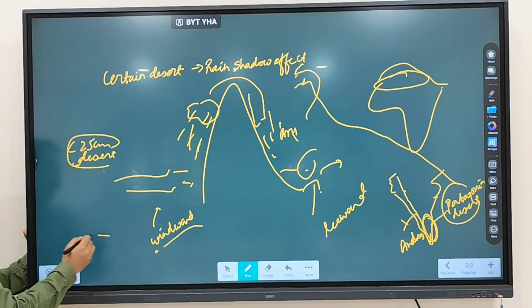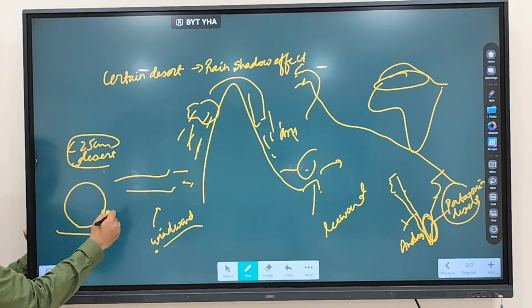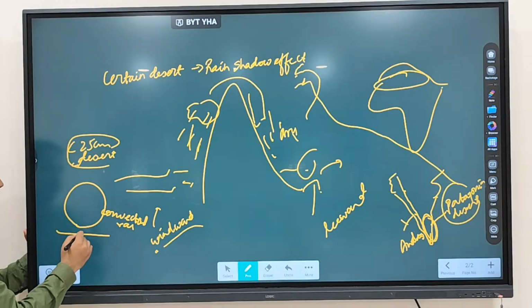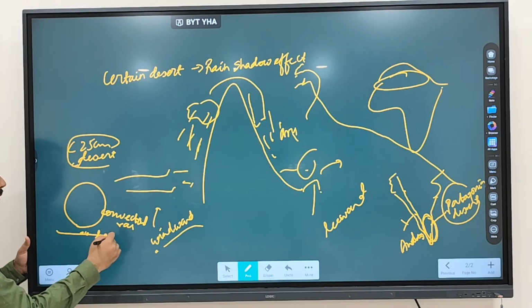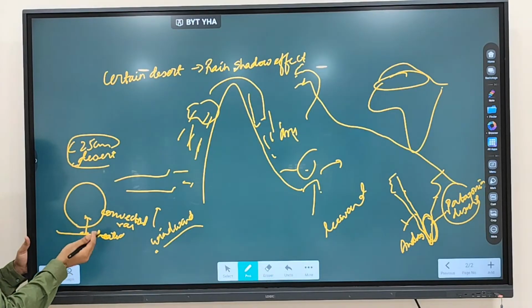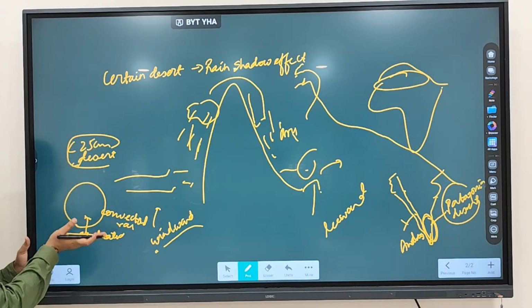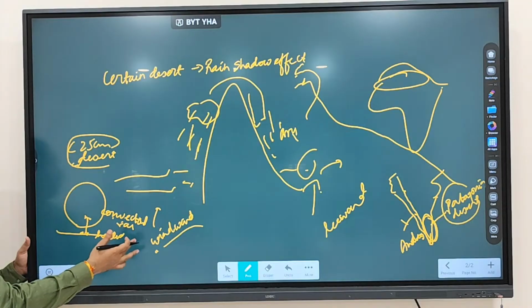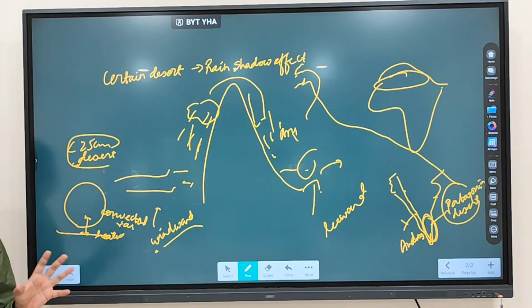Because of convectional rainfall, because desert is going to be heated more. When it is heated more, convectional currents will be generated, as the air will expand and go up, and some amount of rainfall it can bring. So whatever rainfall happens in the desert region generally happens due to convectional rainfall. Clear? Any doubt regarding this?